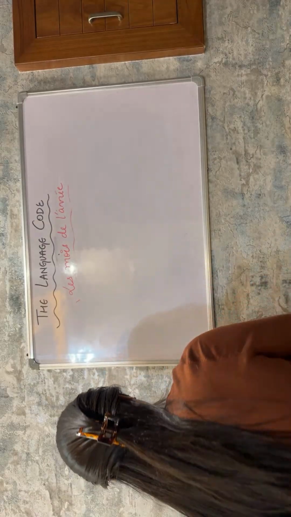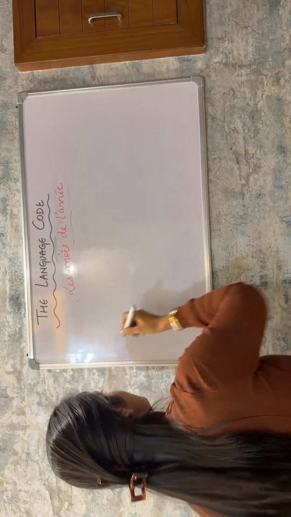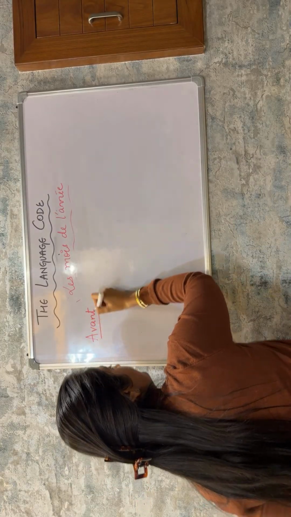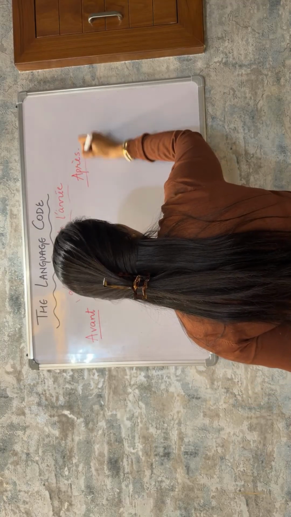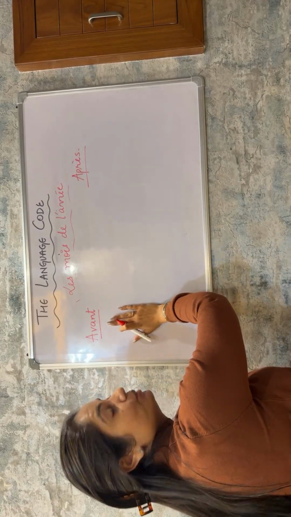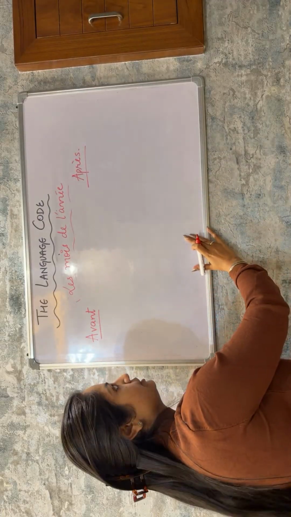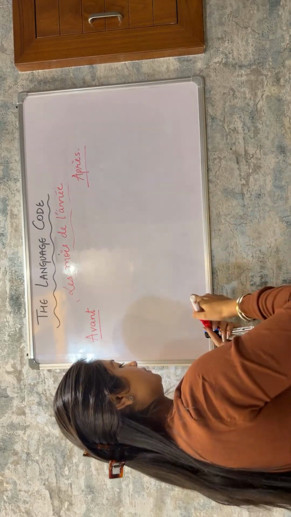Now there are two words, avant and après, right? Avant et après. So I will write the month in between. You have to tell what comes before. Avant means before and après means after.